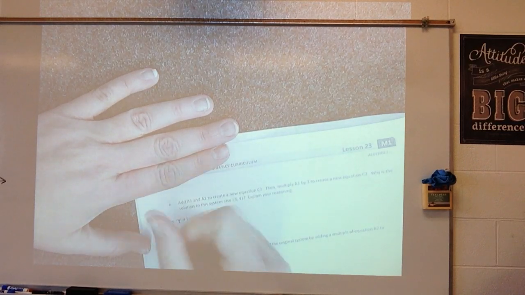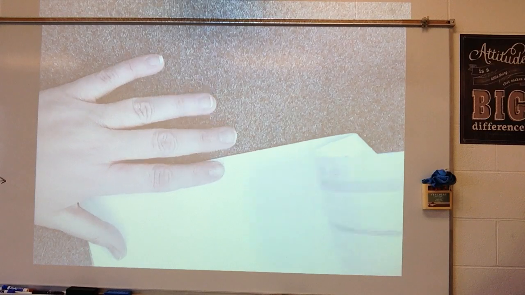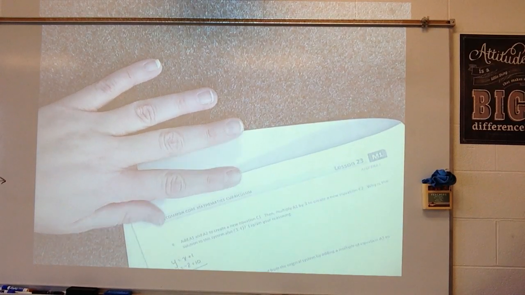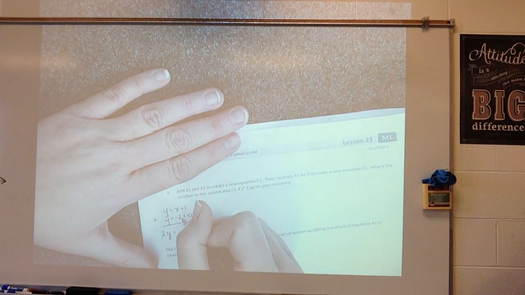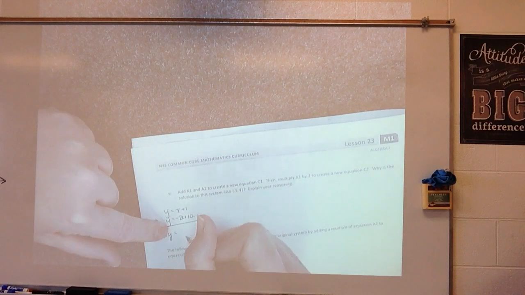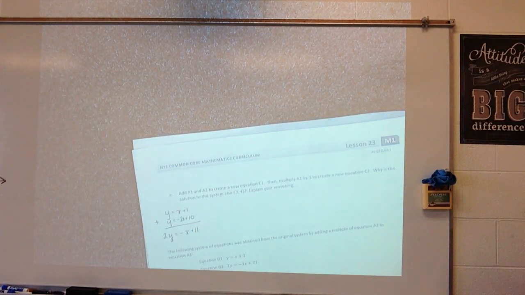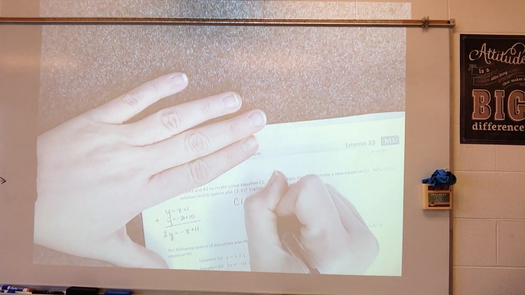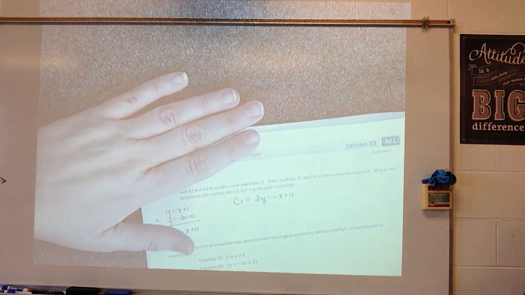I'm going to add y is equal to negative 2x plus 10. I'm going to add those together and I get 2y is equal to, forgot my x, negative x plus 11. Alright, and they said let that be C1. So C1 is 2y is equal to negative x plus 11.